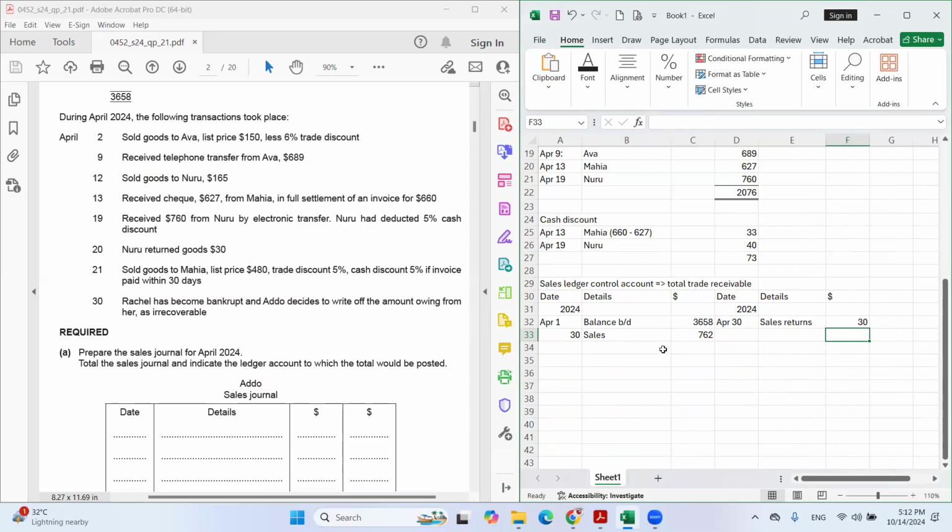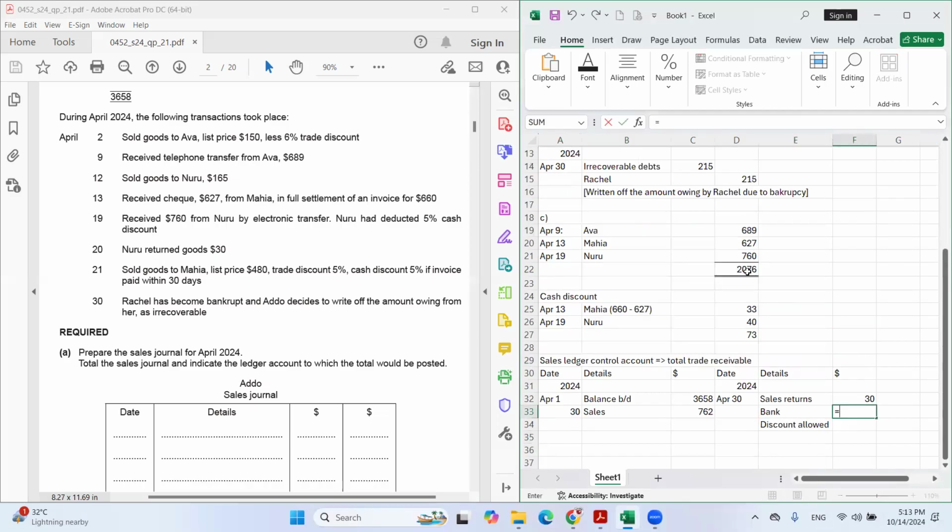And then we already calculated the bank amount, which is the amount received, and the discount allowed. So the bank is from here, and the discount is from here, the information from these two.